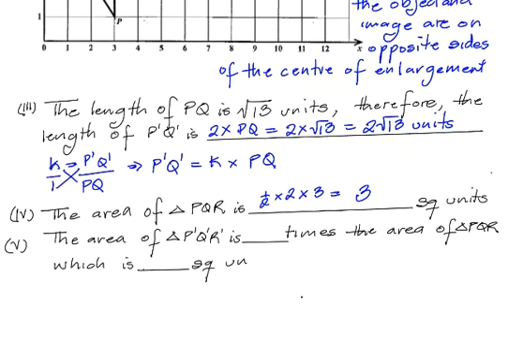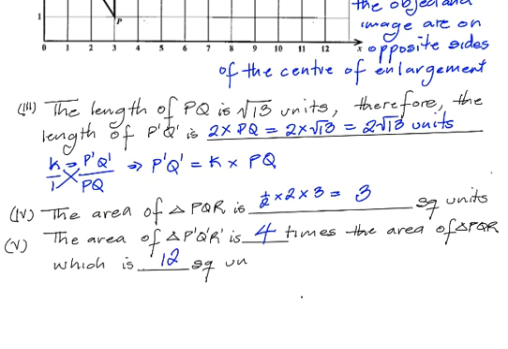Next, the last statement we have to complete is this. The area of triangle P'Q'R' is 4 times the area of triangle PQR, which is 12 units. So I wrote the answer. Now I'm going to show you how we got it.